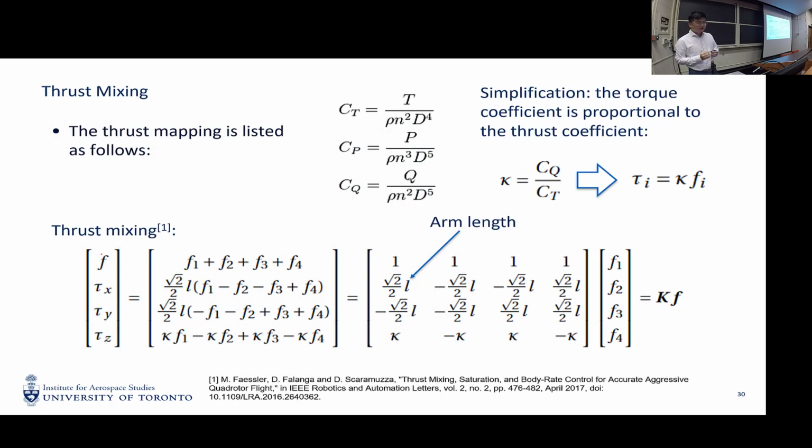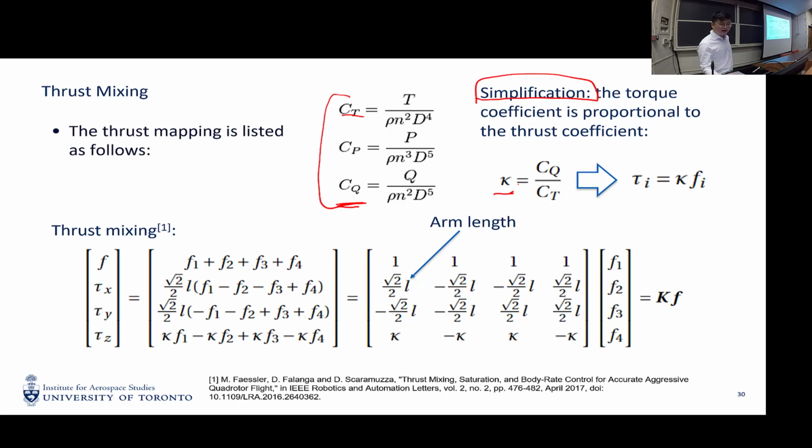Okay, so now we come to the formula of how to get the propeller spinning velocity when you are given the desired lift and desired torque in three-dimensional directions. Here is a simplification. Since we assume that the advance ratio is 0 in our case, CT and CQ are constant.